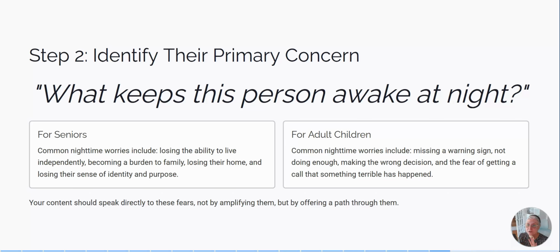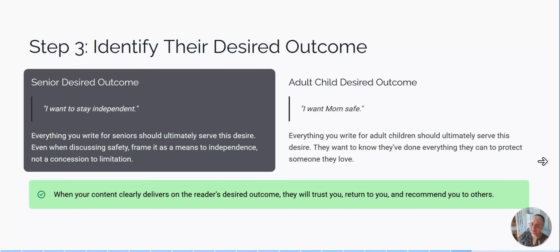But for family members, they're worried about missing warning signs, not doing enough because they can't, or they live far away, or they have other responsibilities that are taking their time, making wrong decisions, and the fear of getting that call that something terrible has happened. Your content should speak to these fears. And I think the prompt that I created does that. We'll find out. You tell me.